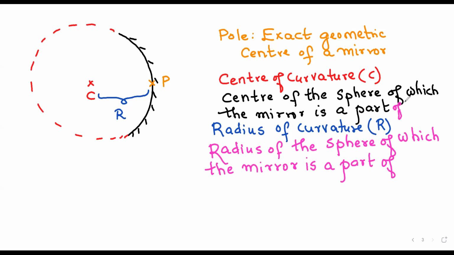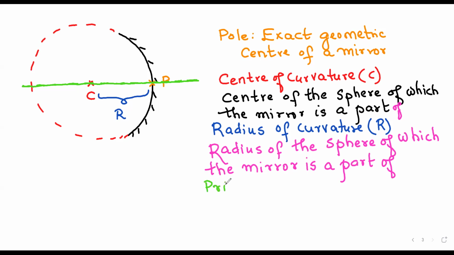Now, coming to the imaginary line which passes through C and P. Actually, there is only one line which can pass through 2 points. So we have only one principal axis for any mirror.